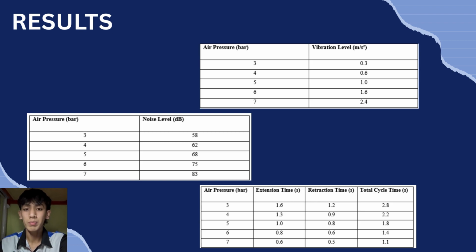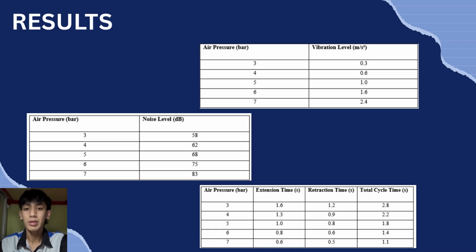Based on the experimental results, an operating pressure of 5 bar was identified as the optimal pressure. At this pressure, the machine delivers consistent impact force with stable operation and acceptable noise levels. This result confirmed that the pneumatic impact machine meets the design objective and operates reliably under laboratory conditions.